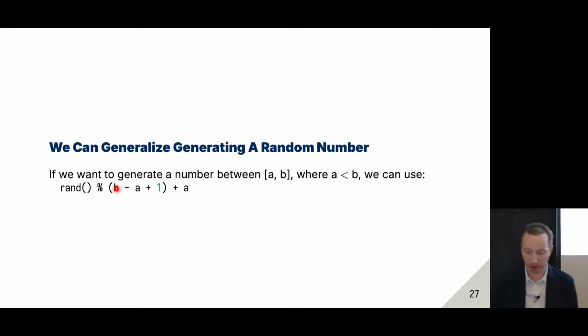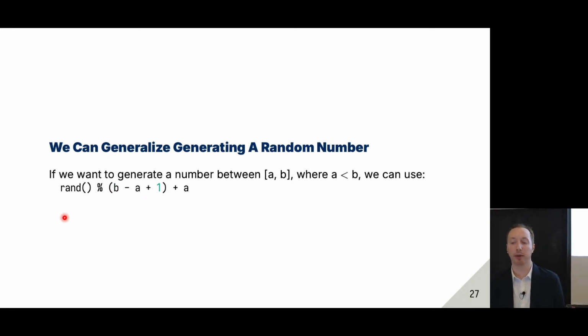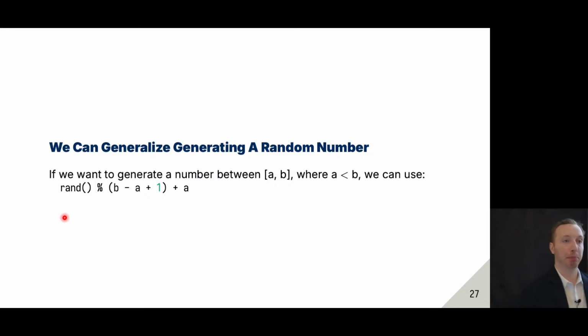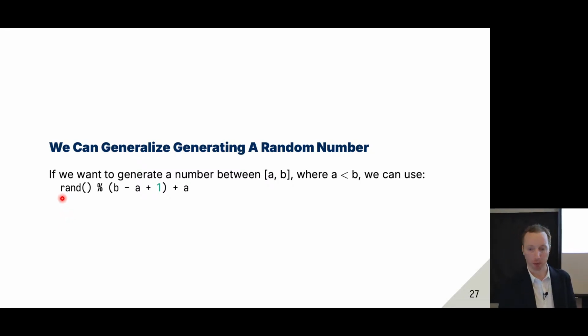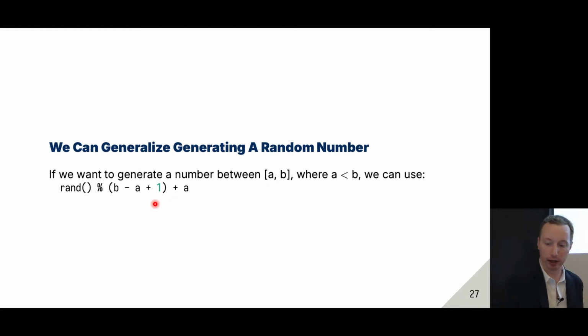All right, so if we want to generalize this a bit, if we want to generate a random number between A and B inclusively, where A is less than B, we can use this formula. So we do rand and then mod B minus A plus 1 because we want to include the other number, and then plus A. So we can check that with the case where we wanted between 1 and 10.